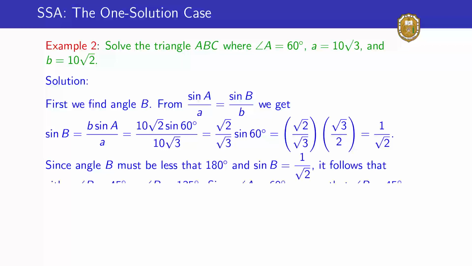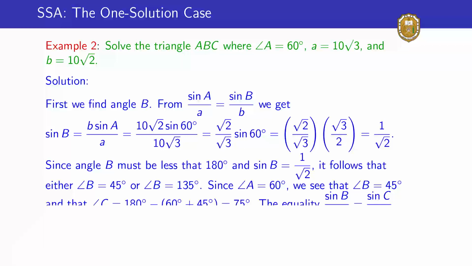Now there are two angles which are less than 180 and which have their sine as 1 over root 2. These two angles are 45 degrees and 135 degrees. Since angle A is given as 60 degrees, angle B must be 45. Angle B cannot be 135.